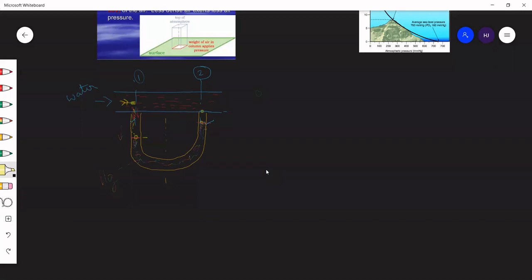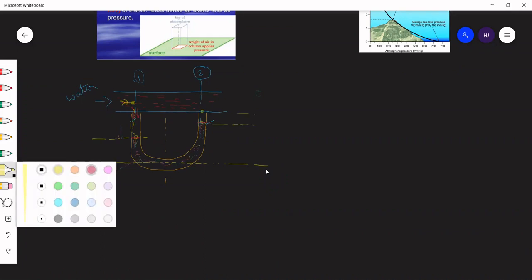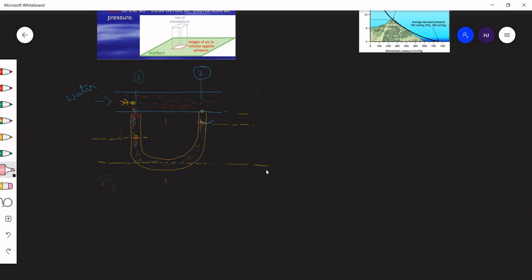So what I will do is, I'll take the center line and mark some distances. From here to here, let me say it is H1. From here it is H2. Then this one I'll say H3, and this one H4.